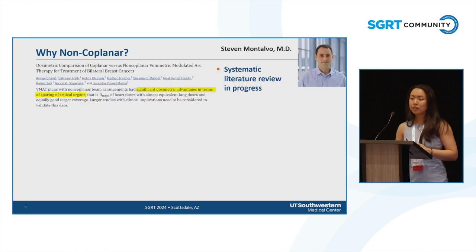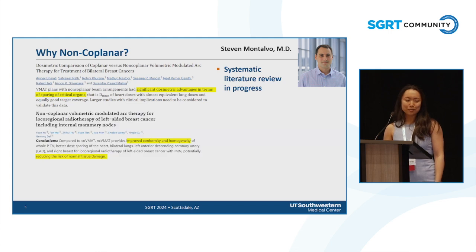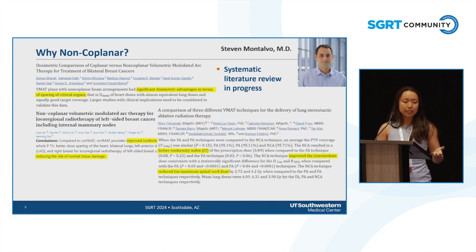So there is a lot of literature out there. I'm not going to make you sit here and read all the words. But essentially, to summarize, they are saying that non-coplanar treatment gives us a more significant dosimetric advantage, both in terms of OAR sparing and in terms of improved conformality, improved homogeneity.